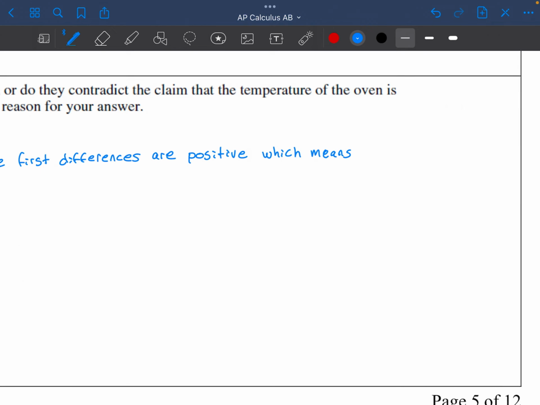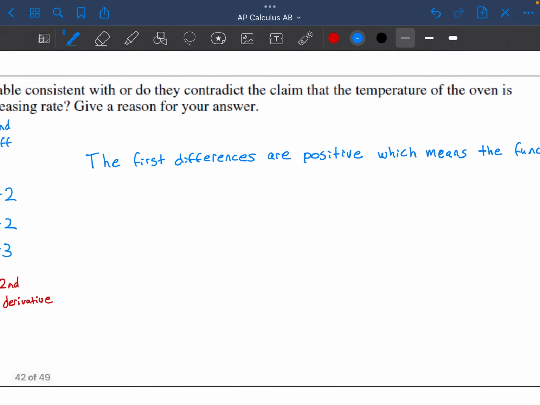The first differences are positive, which means the function is increasing.